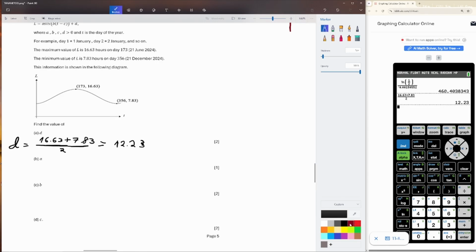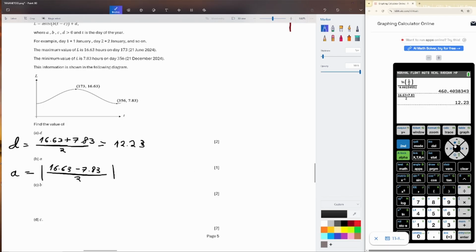And then A is something much different. You always know that the A is the real or the true value of maximum minus minimum. So your maximum is 16.63 minus 7.83.